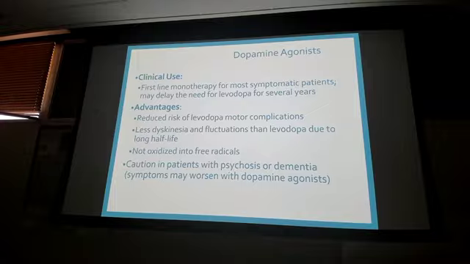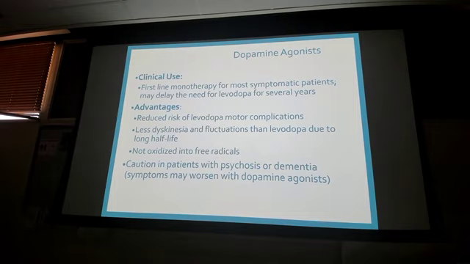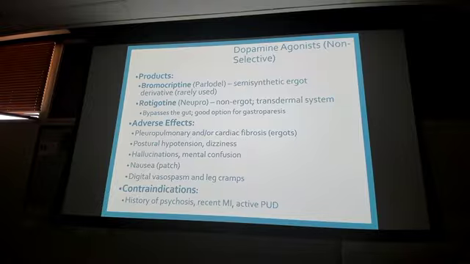So when we're looking at our dopamine agonists in our elderly patients, just be very, very cautious, okay? And then real quick on this, when we talk about psychosis or dementia, sometimes they also lack impulse control. So you can kind of see that in these drugs sometimes too.